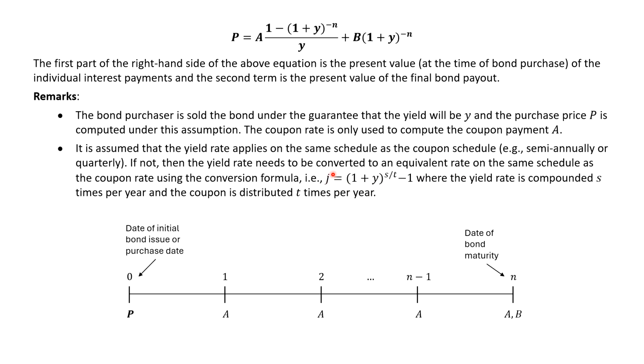So J would be the new yield rate using this formula, where the yield rate is compounded S times per year, and the coupon is distributed 2 times per year. So you need to plug that into this, and then you get your new yield. And then you would have both things on the same schedule in that case.